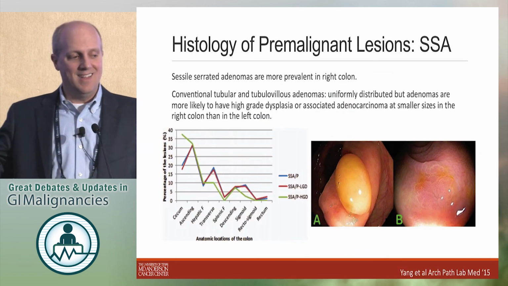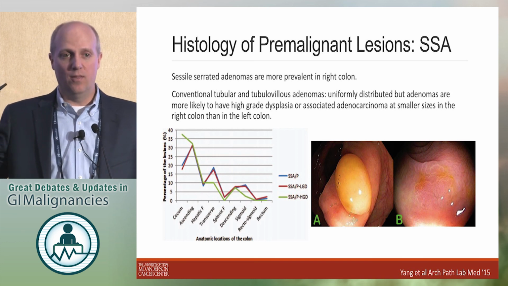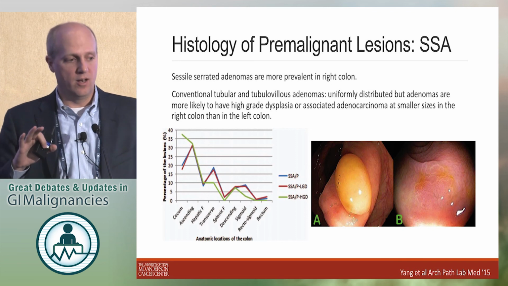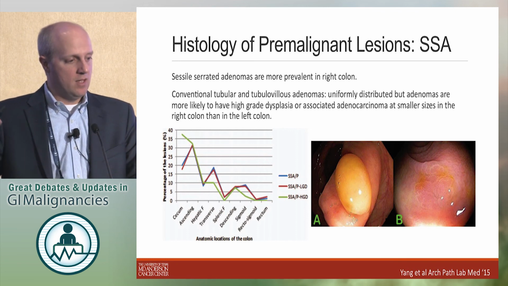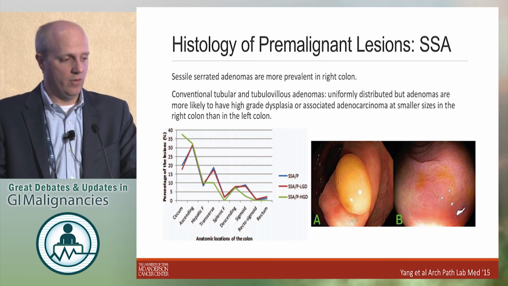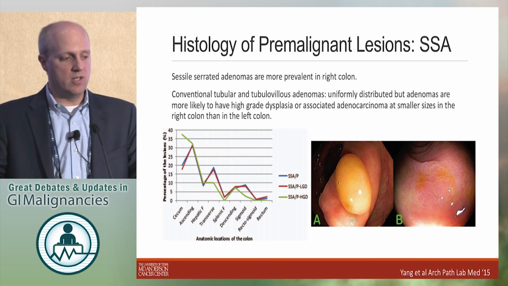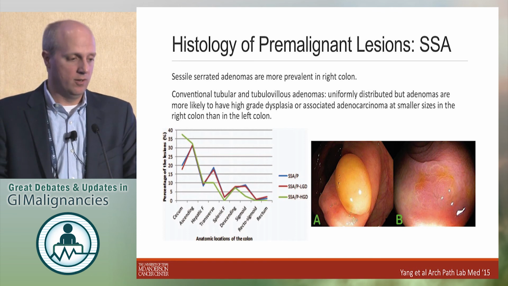This is a lesion seen predominantly in the right side of the colon, very different from our classic tubular adenomas, which are more uniformly distributed, or even tubulovillous. One graph here shows that the cecum, ascending colon, hepatic flexure, and even slightly into the transverse have higher rates of these sessile serrated adenomas with or without dysplasia.